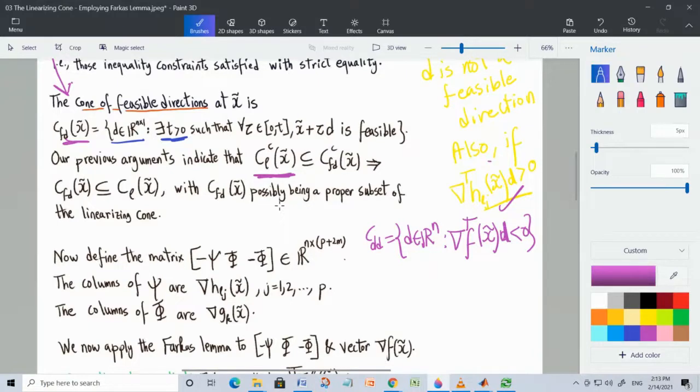So for the cone of descent directions, the focus is on the objective function of the optimization problem.